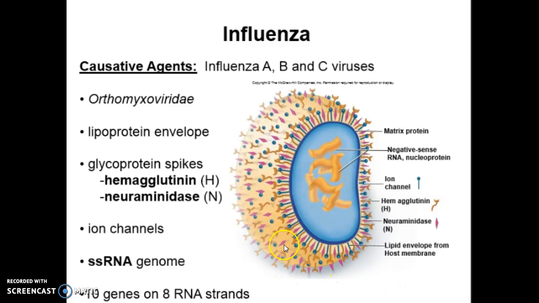All right, so these little pink flat diamonds are the neuraminidase, and then these funky mustard-colored receptors are the hemagglutinin, so H and N. These are important because they can be used for the production of vaccines because they are on the surface of the virion.